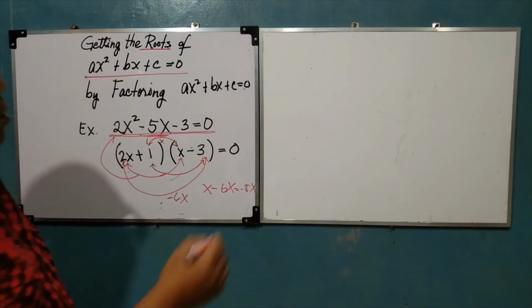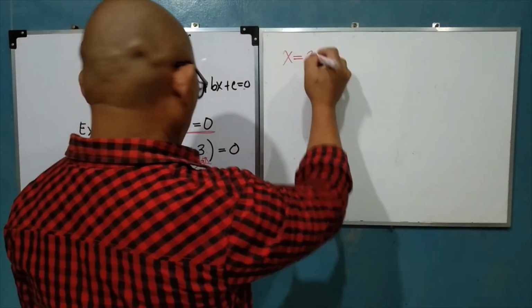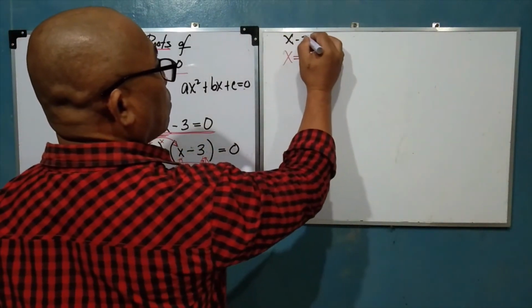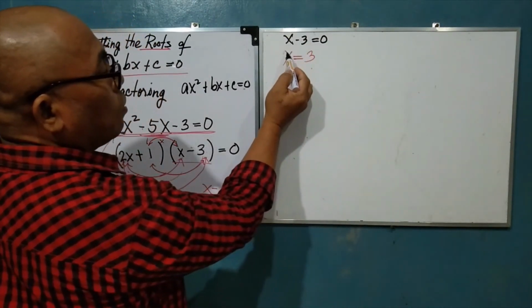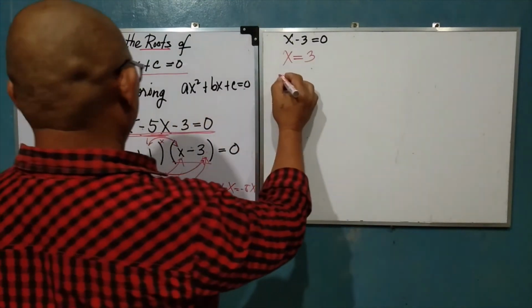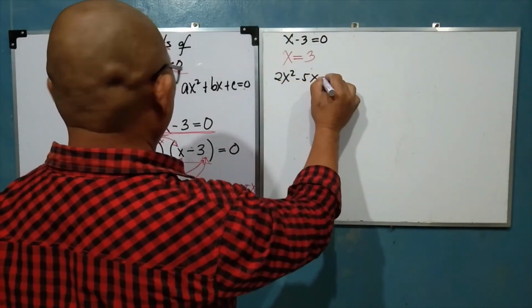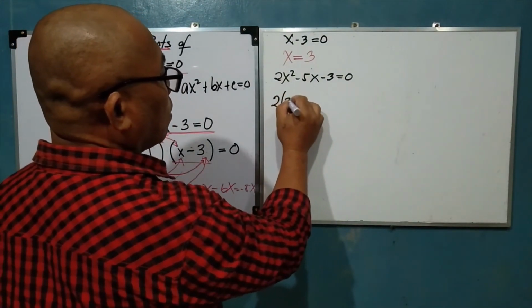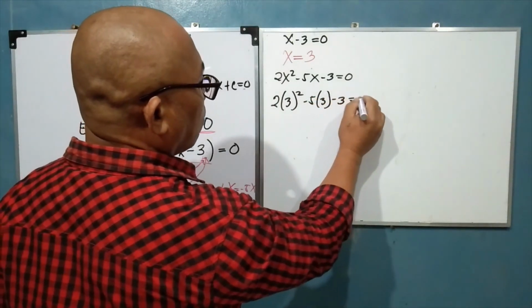You can check. For example, this one, if x is equal to 3. Why do I say 3? That is because we have x minus 3 equals 0. Transposing this to the other side, we get the value of x. So x equals 3. Use that in this equation. You have 2x squared minus 5x minus 3 equals 0. Substitute: 2 times 3 squared minus 5 times 3 minus 3 equals 0.